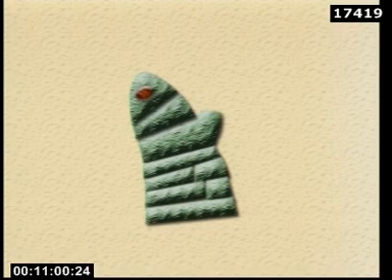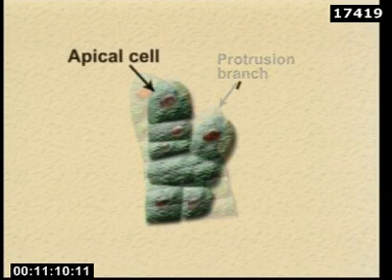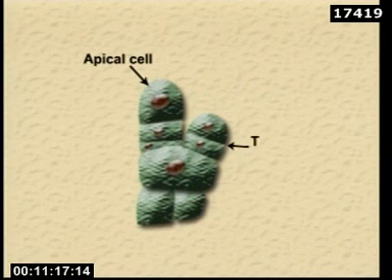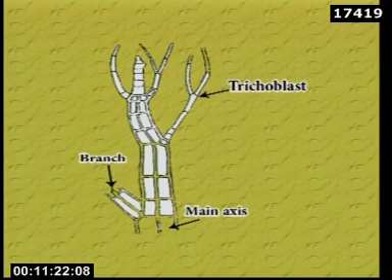The trichoblasts originate from the axial cell 2 to 5 cells below the apical cell. It commences with the formation of an outgrowth which is cut off as a small cell by a diagonal wall formed at its base. It is called trichoblast initial, which divides repeatedly to form a dichotomously branched, gradually tapering, hair-like multicellular trichoblast.